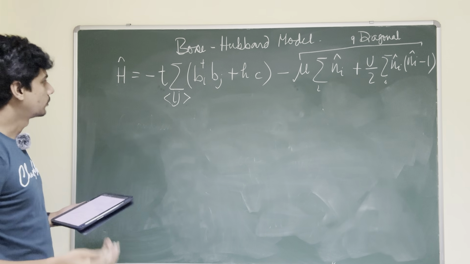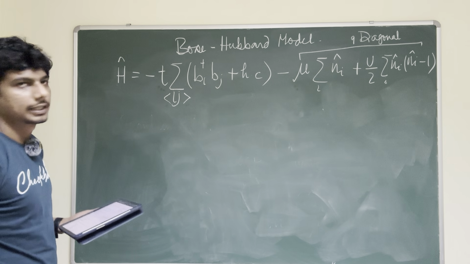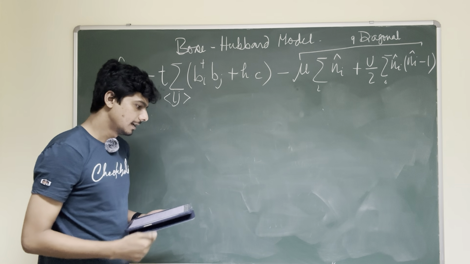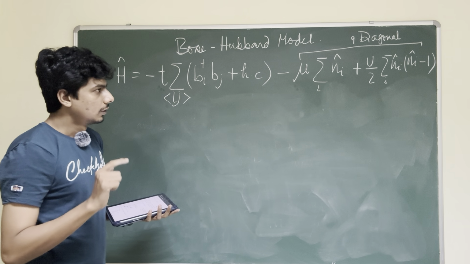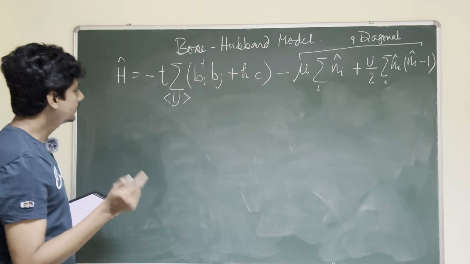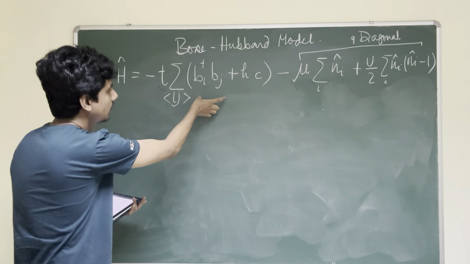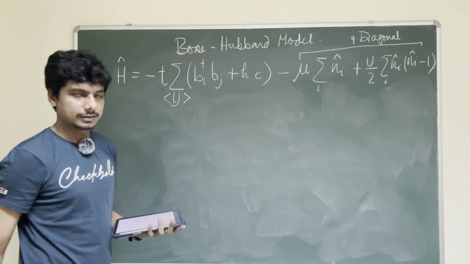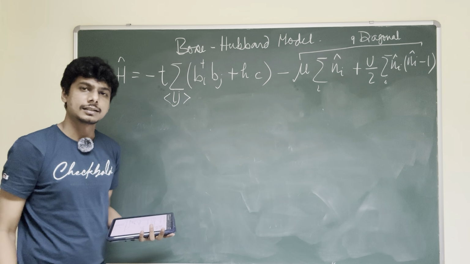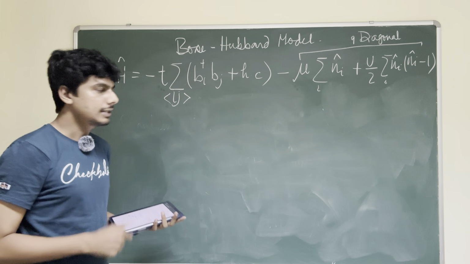When we have some Hamiltonian and it is diagonalized, then we have some energy eigenvalues. As you see here, the hopping term involves off diagonal entries on the square lattice, or the square matrix.